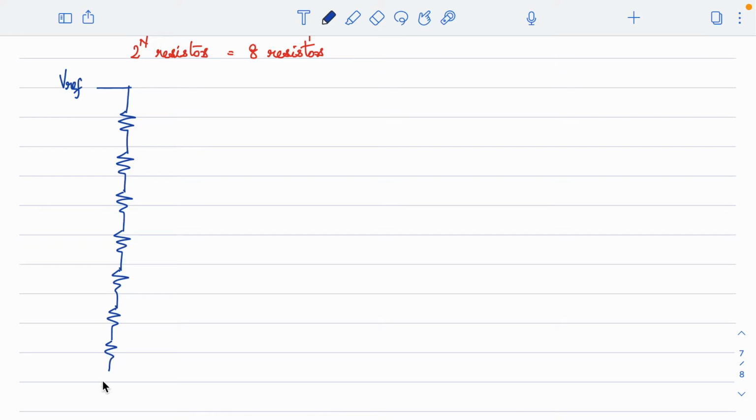These are 8 resistors, right? All of the same value R. Now, from each point of this resistor string, we need to connect a comparator. So a comparator needs to be connected here.